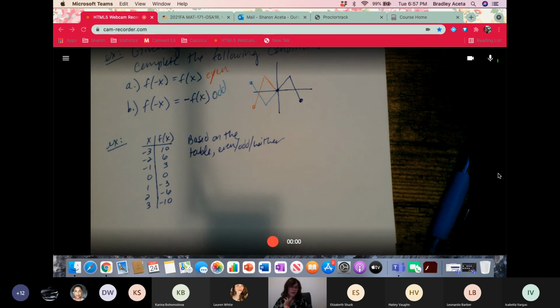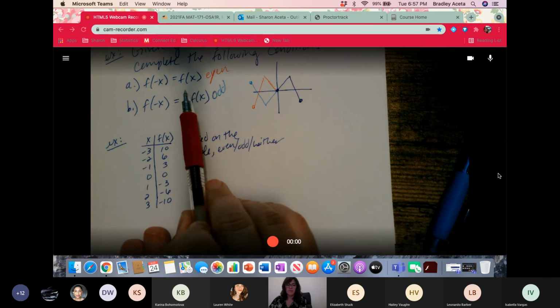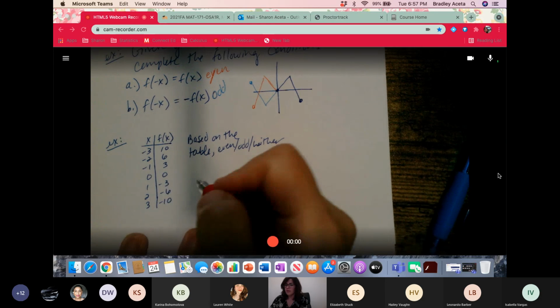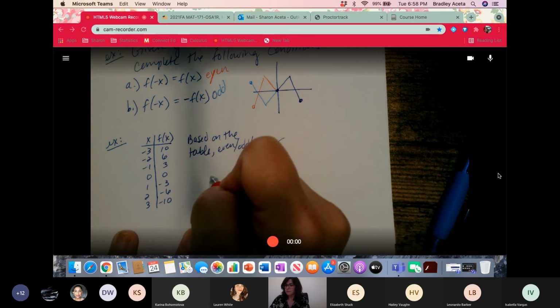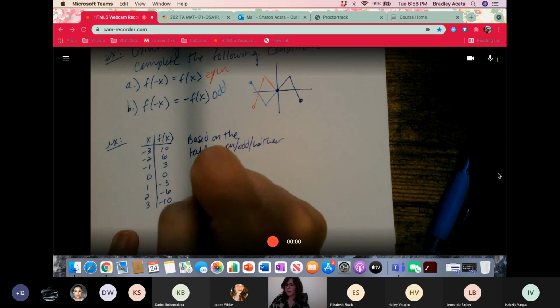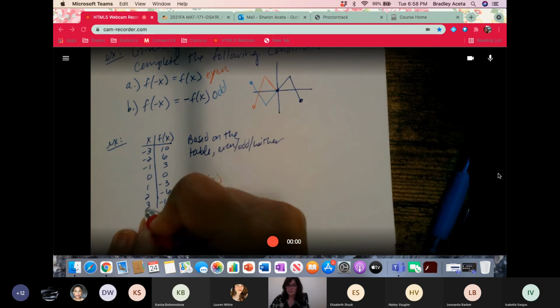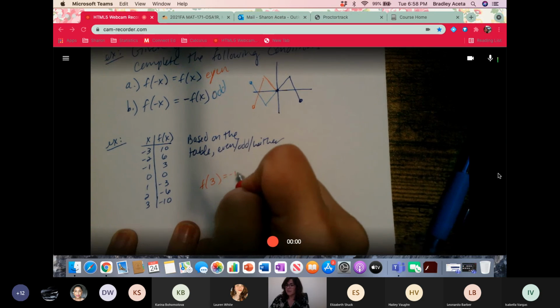Okay, so I'm looking at things off of what we have up here. If I plug in f of 3, I get out -10.